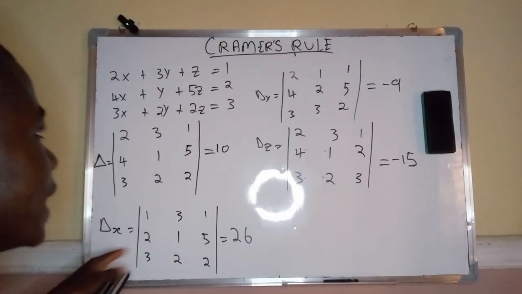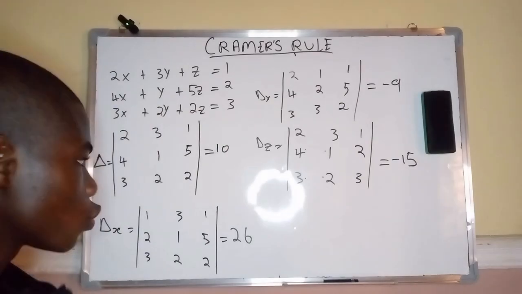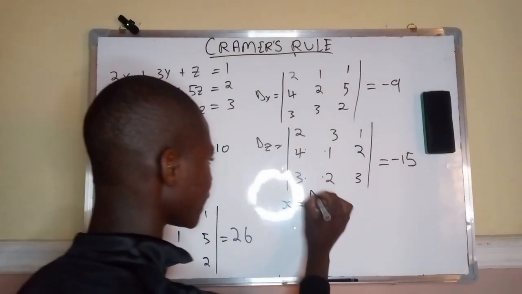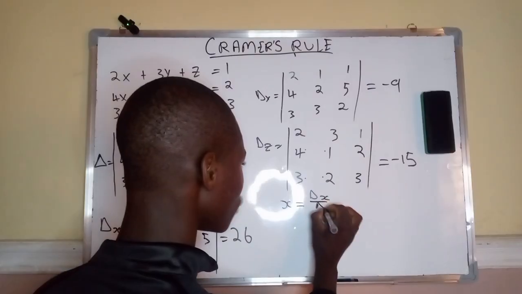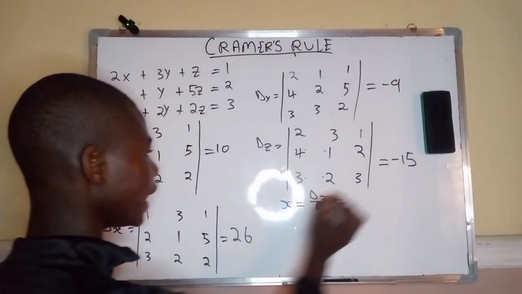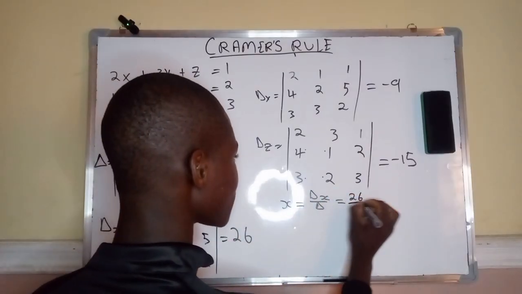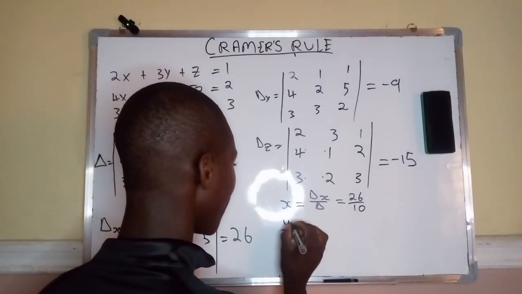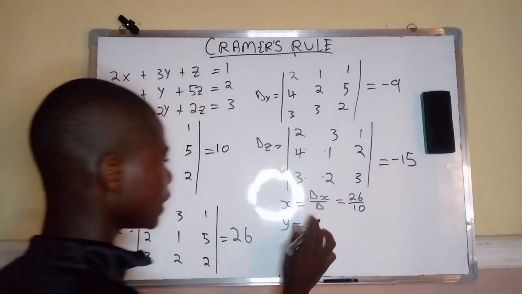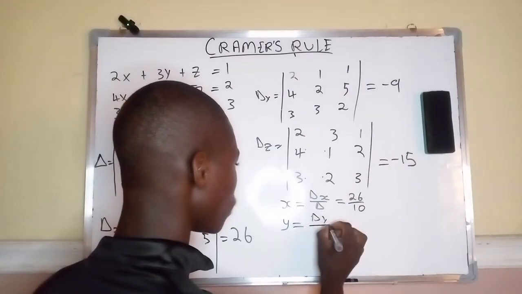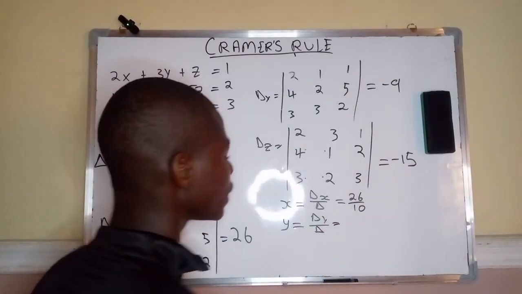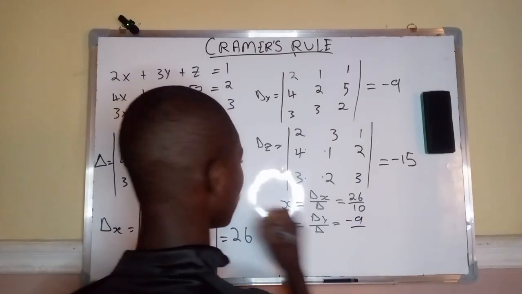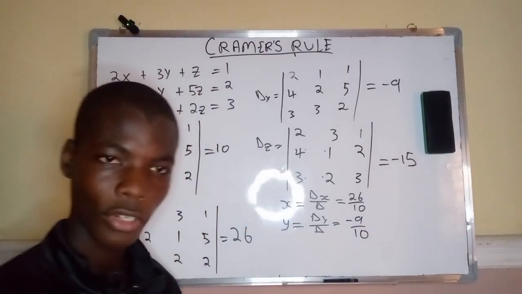So therefore, as you can see, we already found the determinants dx, dy, and dz. So therefore, the value of x is equal to dx over the determinant. So therefore, dx is 26 over 10. And therefore, y is equal to dy over the determinant, which is minus 9 over 10.